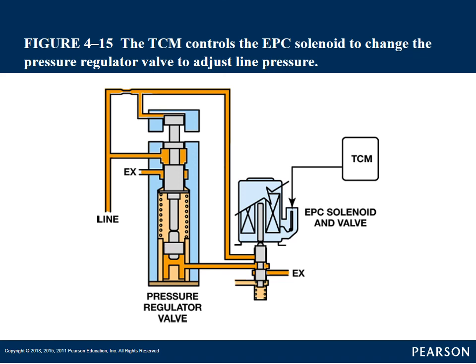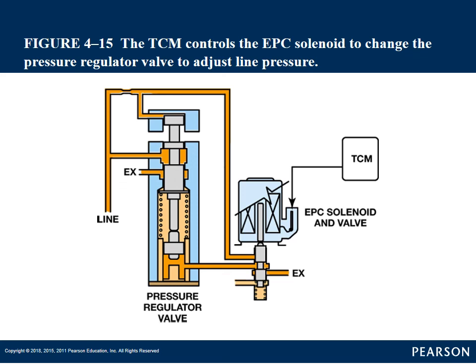Here's an example of a pressure control solenoid. Here's our pressure regulator valve. It does have a spring. Some do, some don't. But that spring is just mainly to put the valve back at the rest position. There's not that much pressure. It takes very little pressure to overcome that valve.